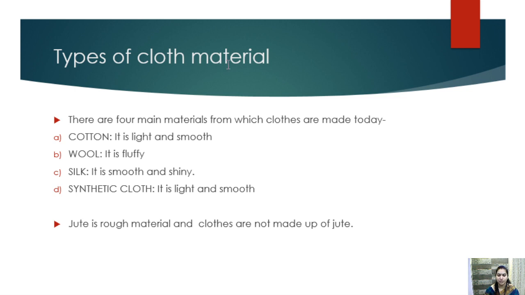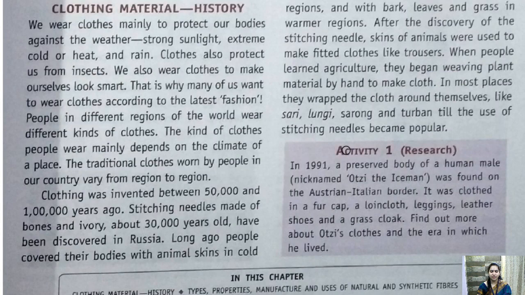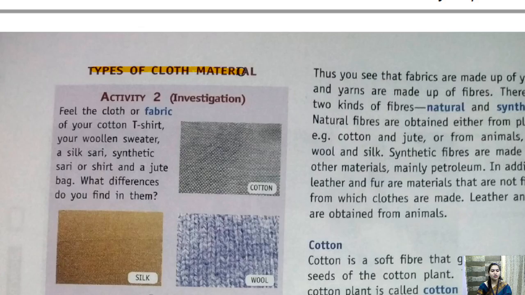We can also see this in the chapter. So now I am going to share the chapter with you. Yes. So clothing material history, this we have gone through. So this we have studied. I am not going into much detail of it. Now coming to the types of cloth material.